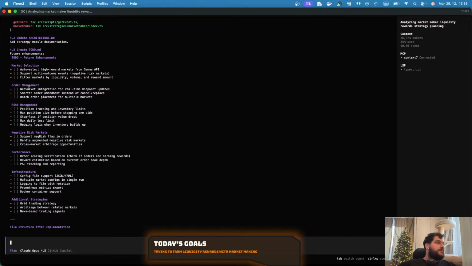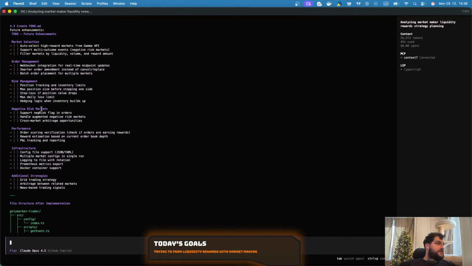Interesting. Risk management: position tracking and inventory limits, max position size before stopping on one side, stop loss if position value drops, negative risk markets.